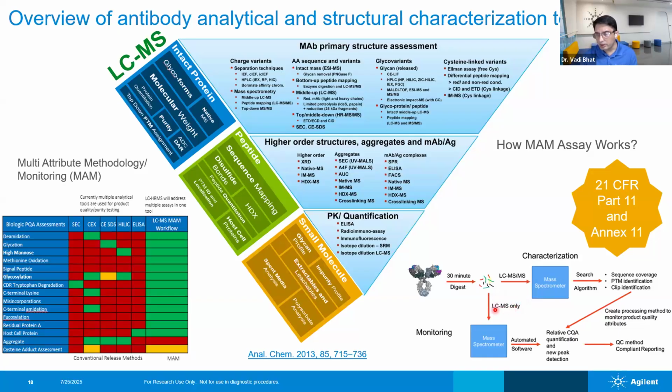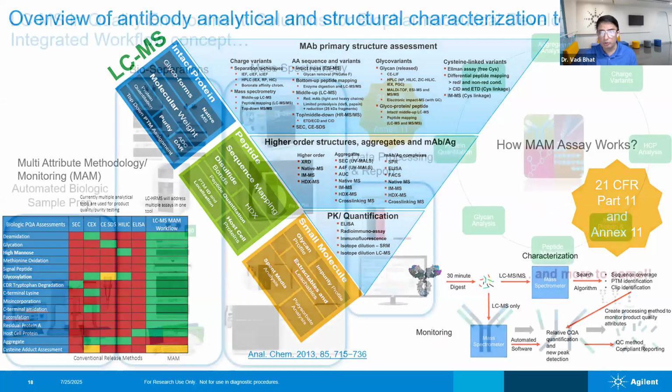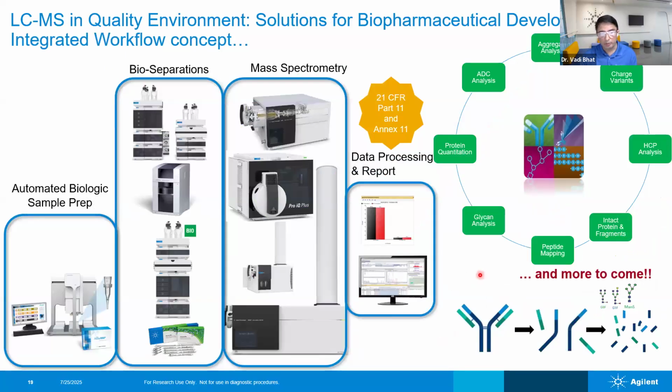That's not characterization, but monitoring using simple LC mass spectrometry techniques, and that can be done in quality control labs as well. So the idea is multi-attribute methods in the R&D lab, and monitoring can be done in quality control or even in manufacturing as a PAT tool. I'm not going to cover PAT tools, but PAT is also possible with mass spectrometry.